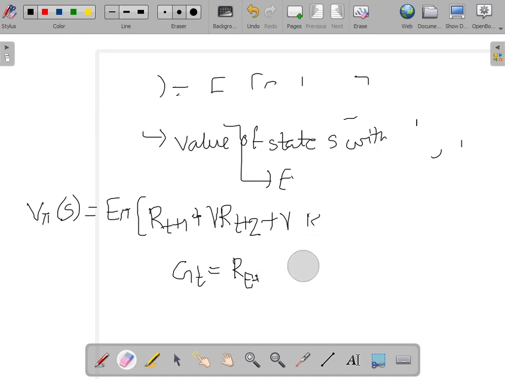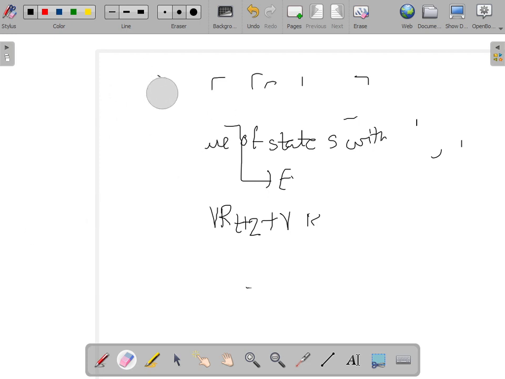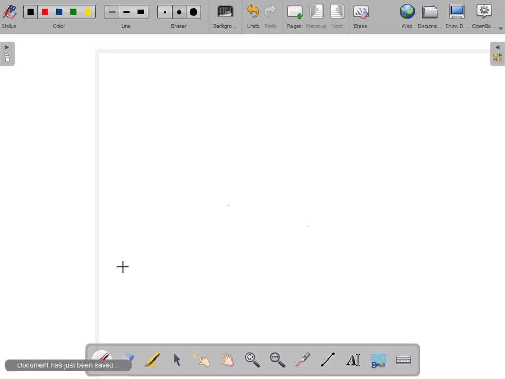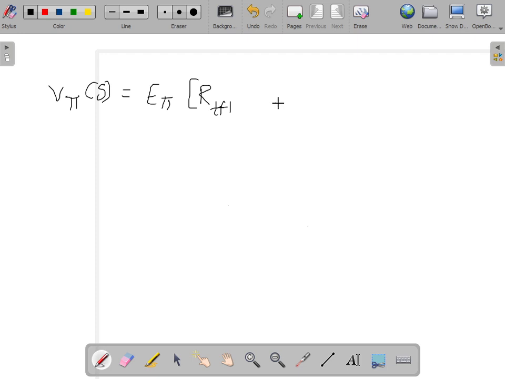So we go to the next step, where we substitute the given equation with the other terms I just showed you. We write the equation again: v pi of s equals E pi of R of t plus 1, and here instead of G t we write R of t plus 1 plus gamma G of t plus 1.